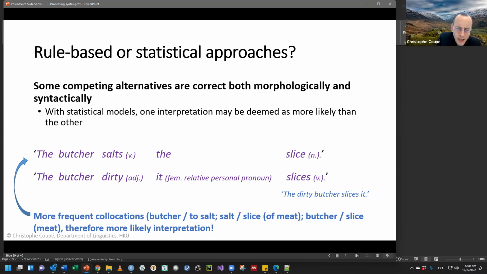That should be something that you say more commonly than there is a butcher who is dirty, who is slicing something. So if you have a statistical approach, which rests on how often some words appear with others, you should feel that the first interpretation is going to be the one that the system will recommend instead of the other.